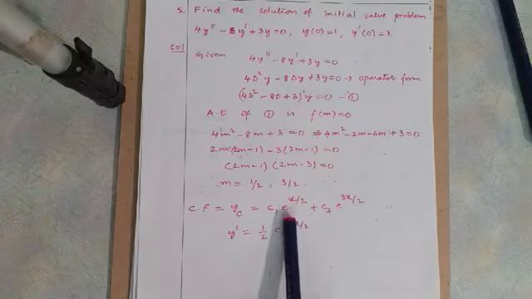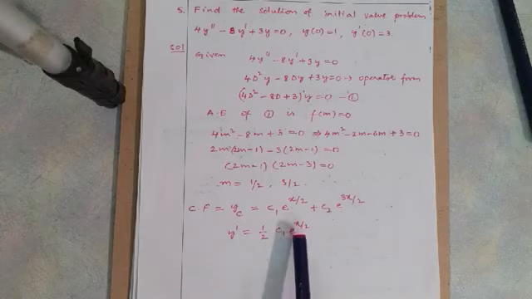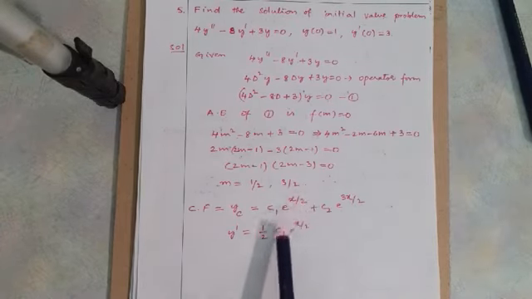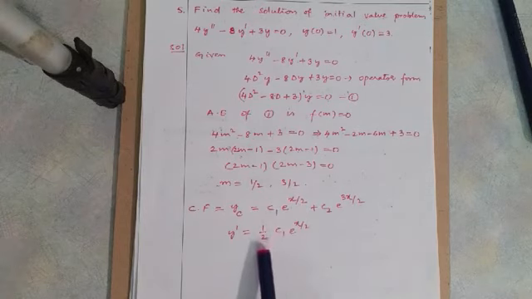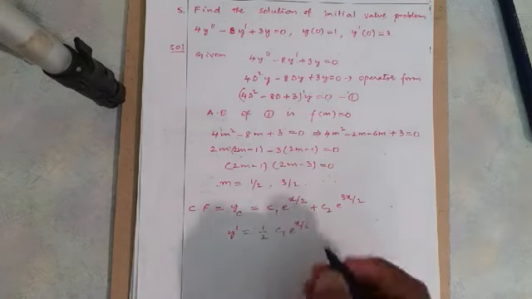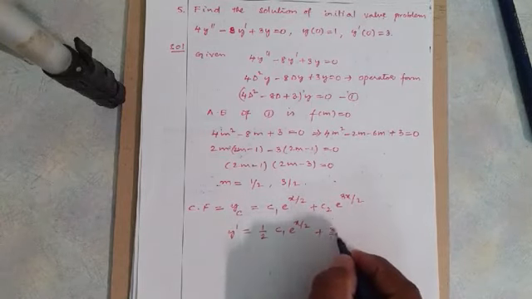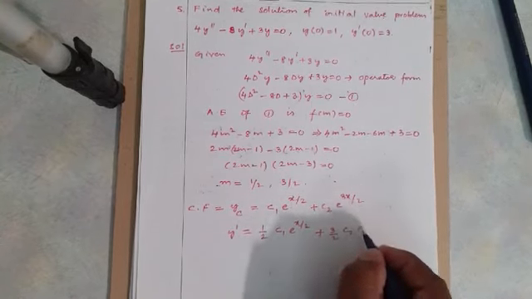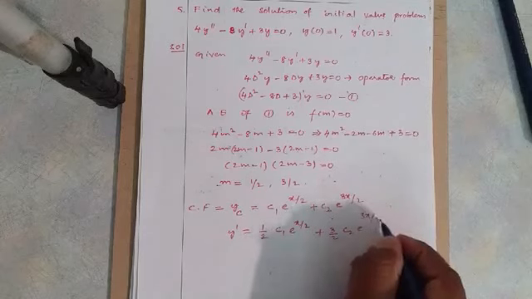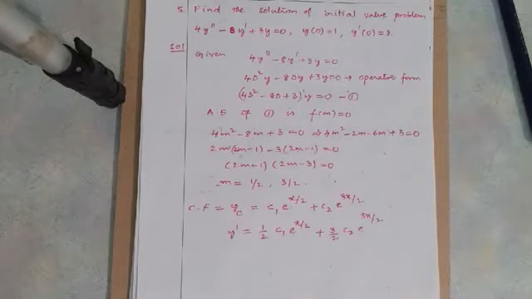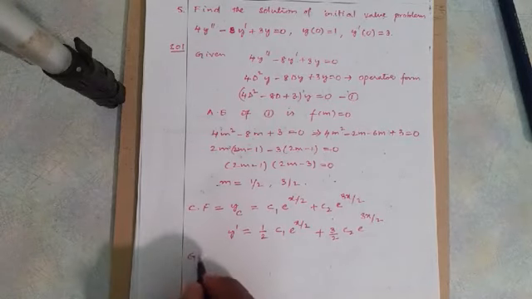I am differentiating e^(x/2). When you differentiate e^x, that becomes e^x. Then when you differentiate x/2, x becomes 1, so it becomes 1/2. In the same way, here you get plus (3/2) c2 e^(3x/2). Okay, so after that, now we write here the initial conditions are given.